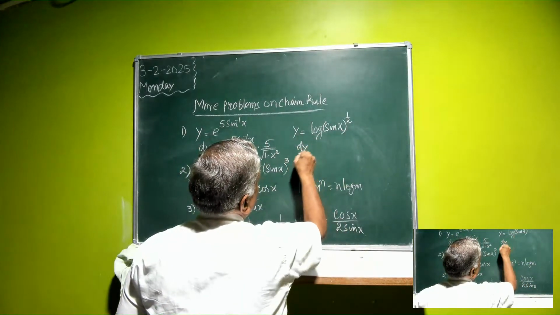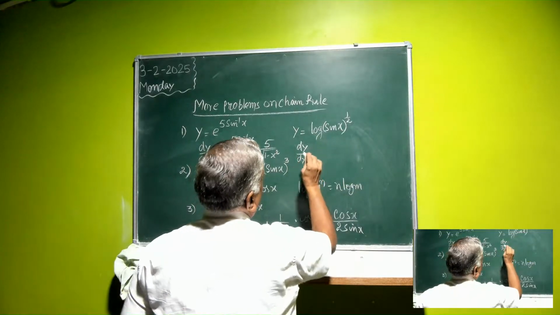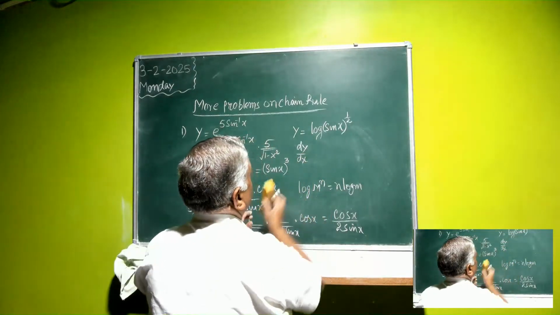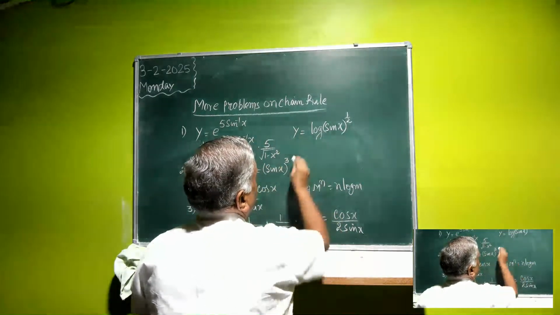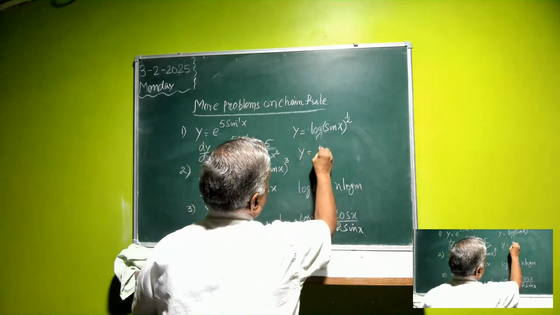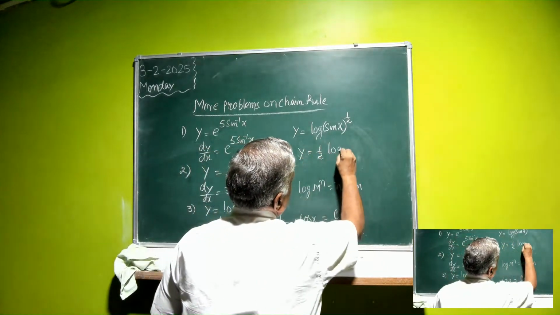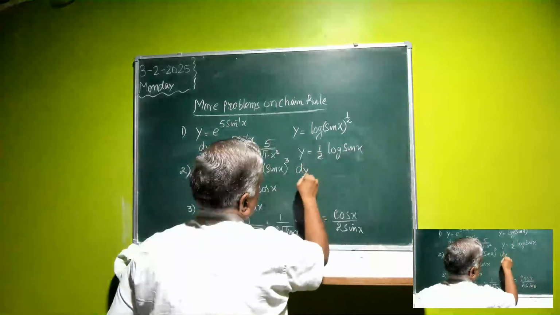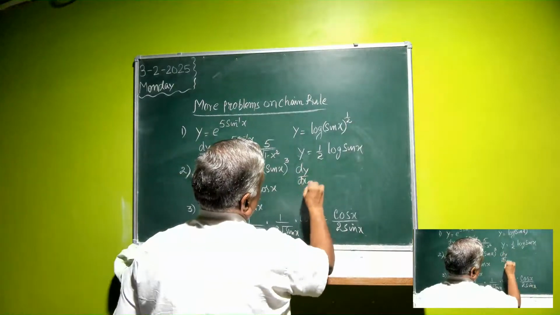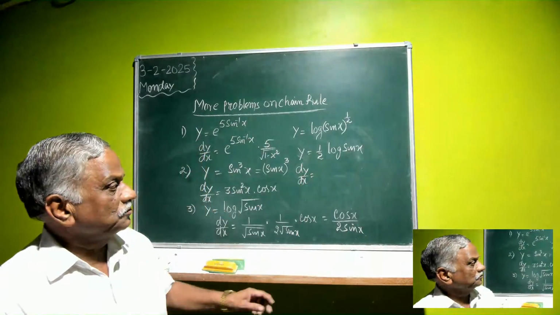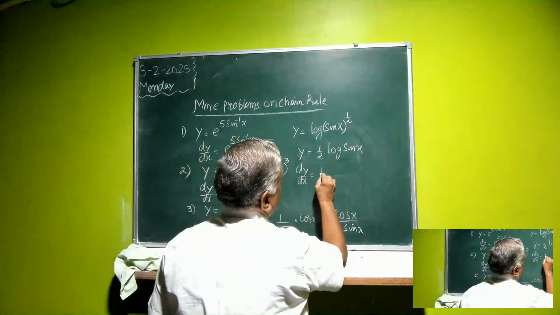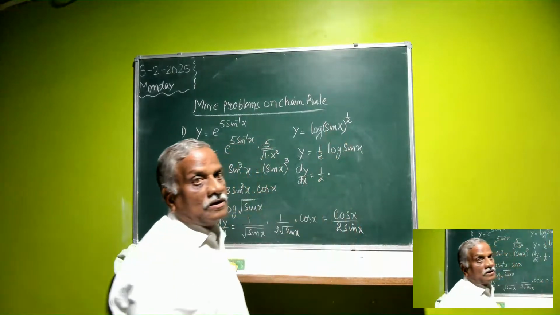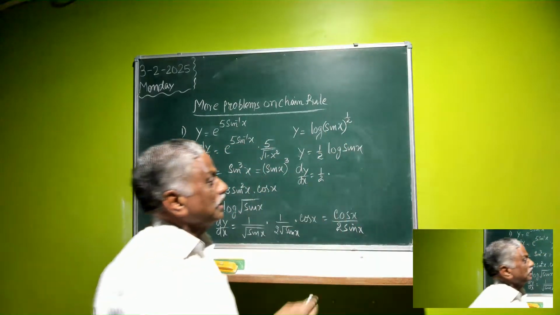dy by dx equals half, which is a constant, so keep the constant as it is. Log of anything is 1 over something.